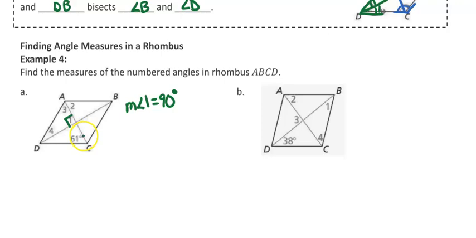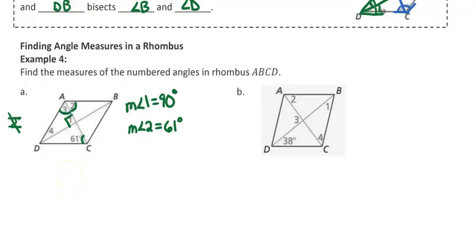Now, I also know that this 61-degree angle is congruent to angle 2. That's because if you picture a transversal, those are alternate interior angles. So the measure of angle 2 has to be 61 degrees. From there, I know that angle 3 is also congruent to angle 2.